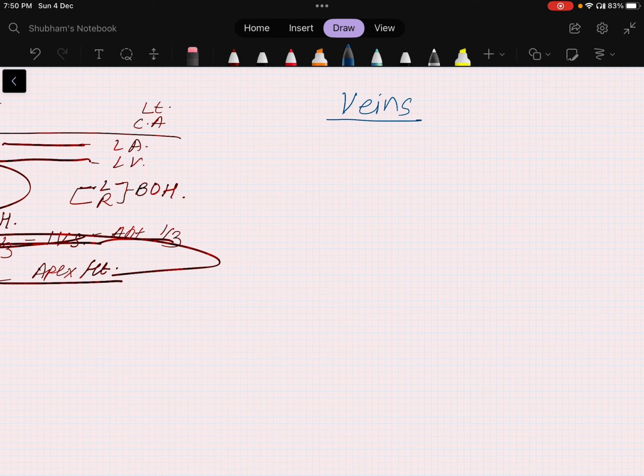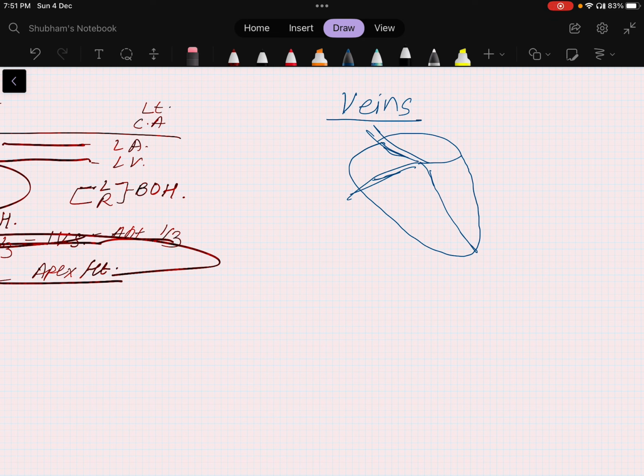You have your heart like this, right? So these are your ventricles, and this is your atrium. So what are the veins? The small cardiac vein, it's joining out like this, and then here we will have the marginal vein.